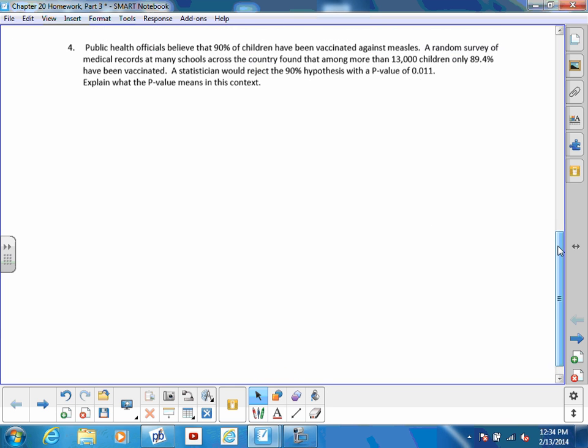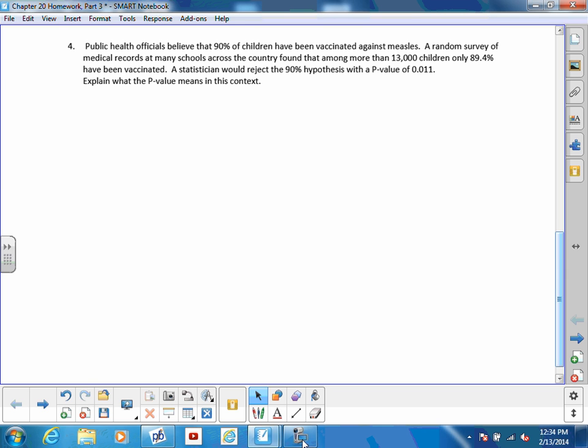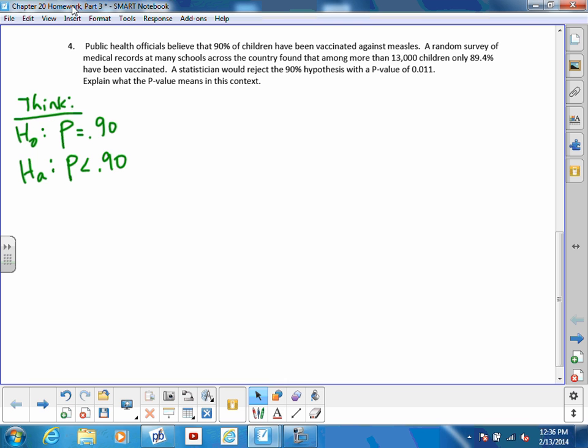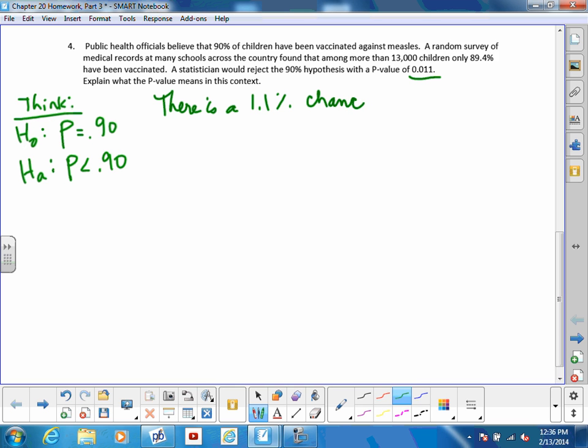Now, number 4 is something that I think you can do. So I'm going to pause for a minute and let you have a chance to do that one. So go. What does this P stand for that I have written here? Good. The proportion of children that got vaccinated against measles. Okay, good. So with a p-value of 0.011, there is a what? 1%, 1.1% chance.